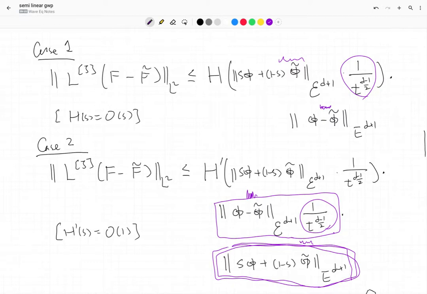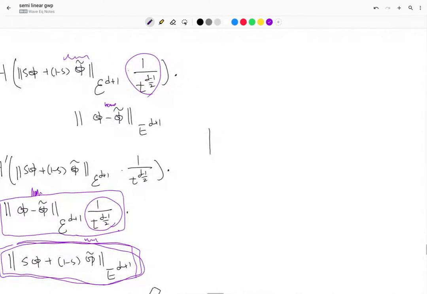And so this tells us that, let's say psi is the solution to rho of phi, and psi tilde similarly.